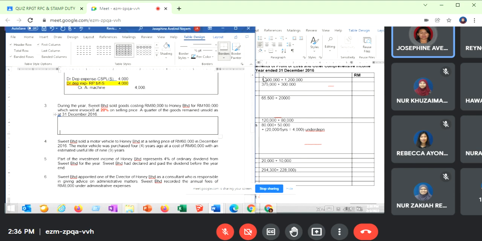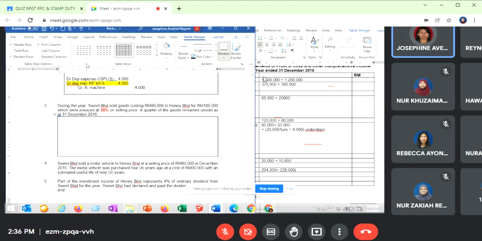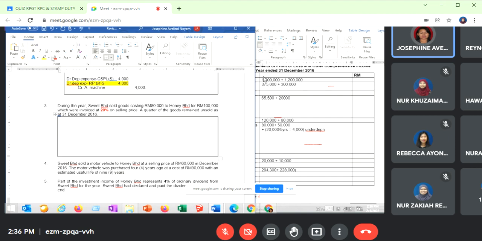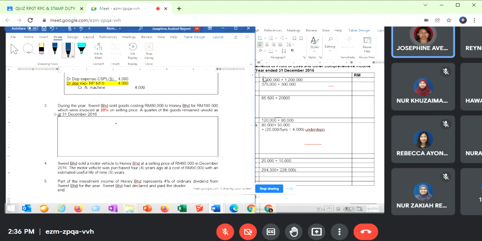All right. During the year, Sweet sold goods costing 80,000 to Honey for 100,000, which were invoiced at 20% on the selling price. Okay. So in fact, in this question, if you have already said the goods were sold costing 80,000 for 100,000, from here we already know there is a profit, total 20,000.